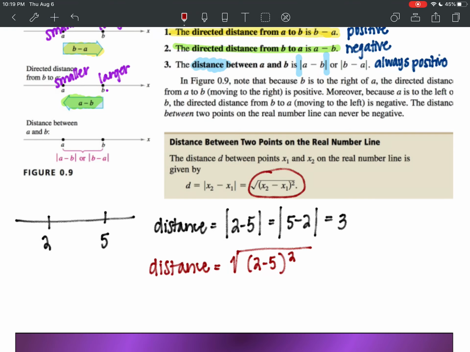So equals the square root of negative 3 squared, and negative 3 squared is 9, which is a positive 3. So this square, you're probably thinking, this square is going to take any number and make it positive. So that's how that works.